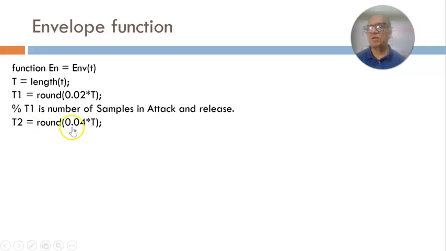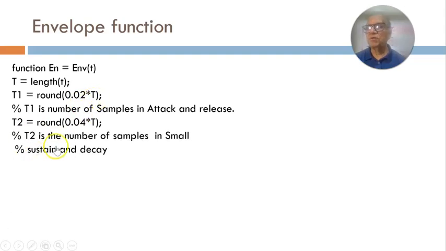Then we calculate T2, which we consider as 4%. Again, these values are not necessarily fixed. Someone may use a shorter attack phase, someone may use somewhat longer, and so on. But we have chosen the attack phase to be 2% of the total time, and T2, which is the number of samples in small sustain as well as decay, we are choosing 4% of the total number of samples.